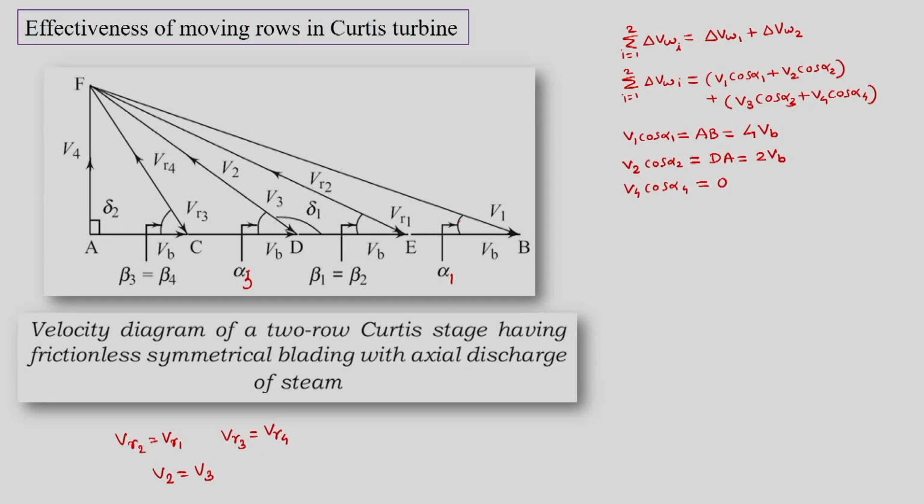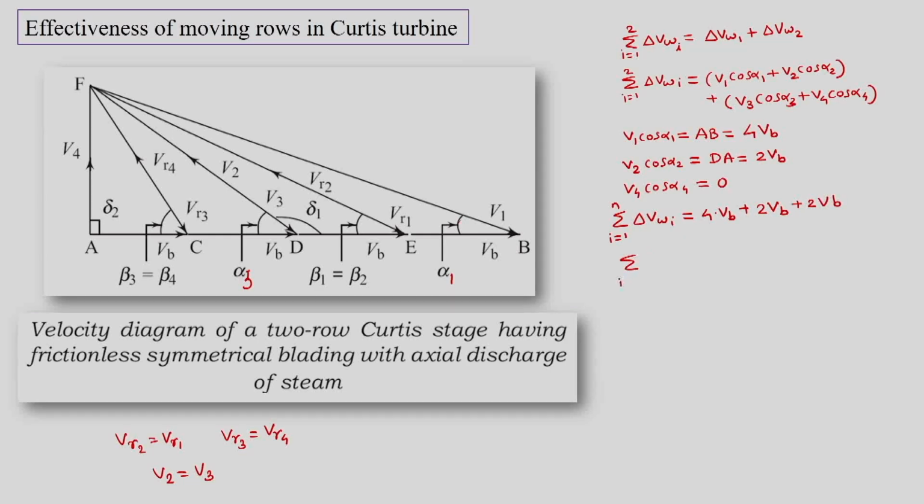So the angle between the absolute velocity at the outlet and the tangential speed is 0. So we will have this sum of delta VWi is equal to 4 VB plus 2 VB plus 2 VB.